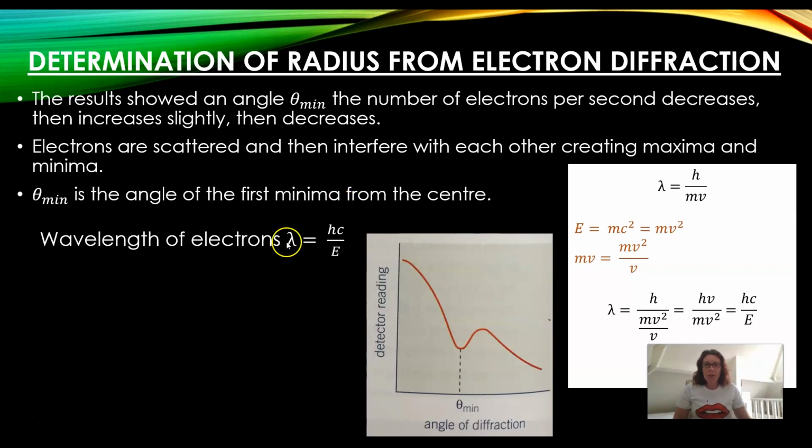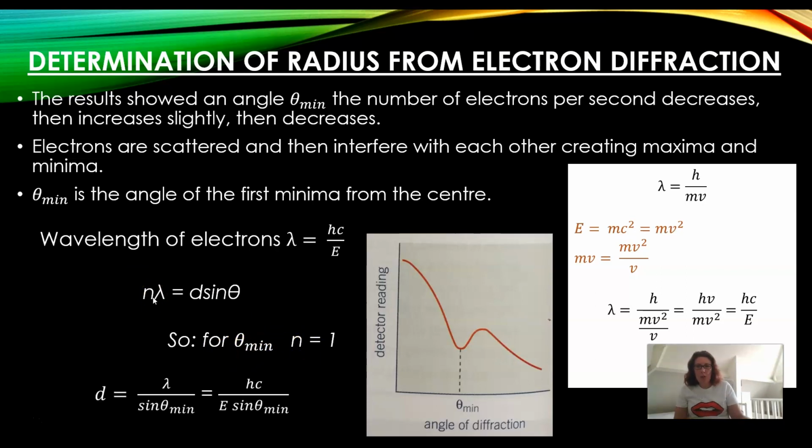If we look at this equation, this is the equation for diffraction that we did in waves: n lambda equals d sine theta. I'm going to substitute this equation in here for lambda, and at the first minimum, n is 1, so that gets rid of the n term.